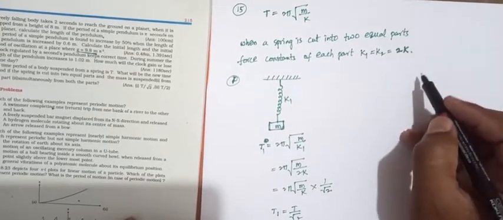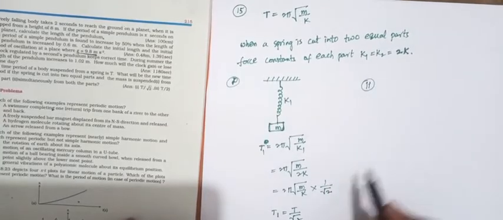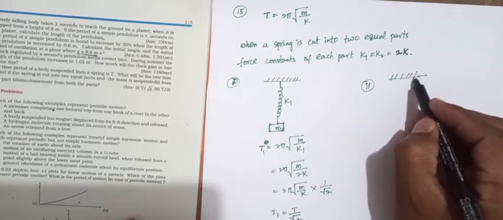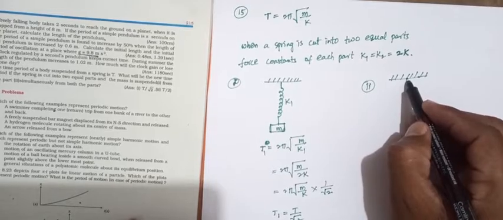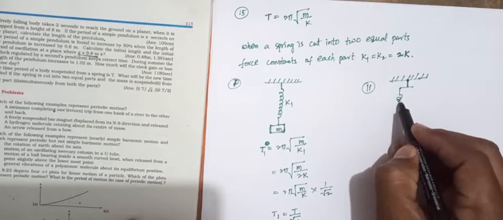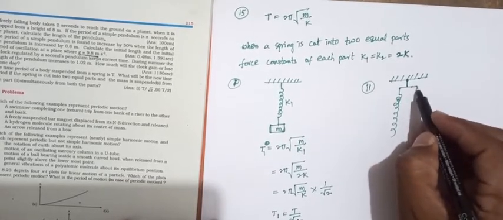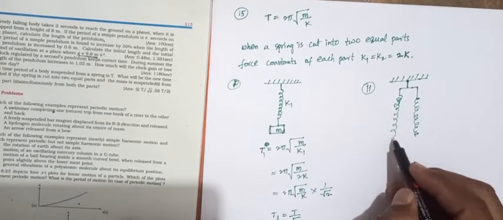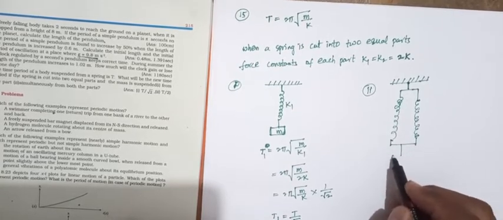Second, the mass is suspended from both parts simultaneously. For example, this is one part and another part is parallel, and the mass m is suspended here.